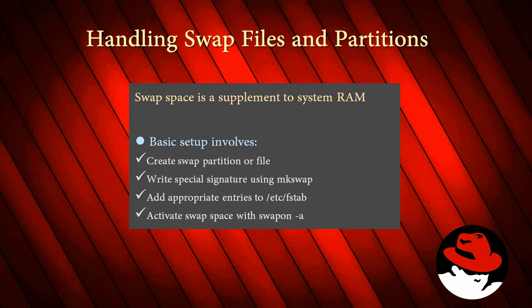The basic setup involves creating a swap partition or file and writing a special signature using mkswap. You can add appropriate entries to /etc/fstab and activate swap space with the swapon -a command.